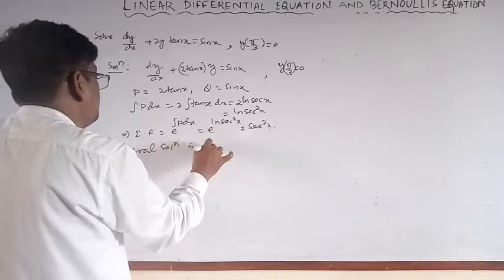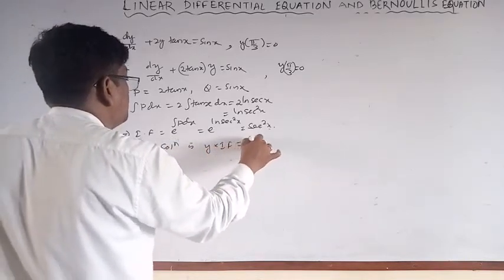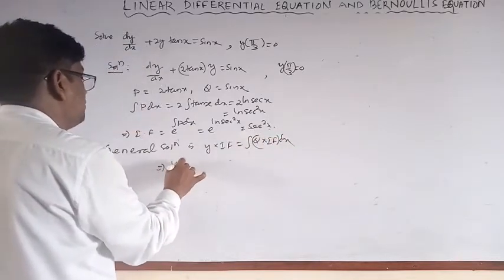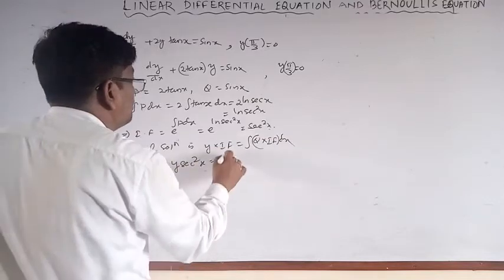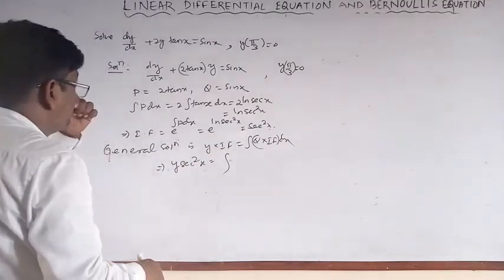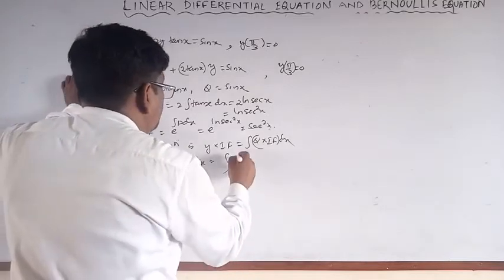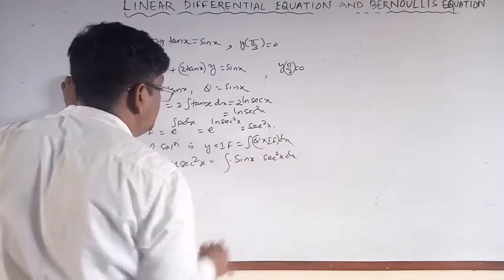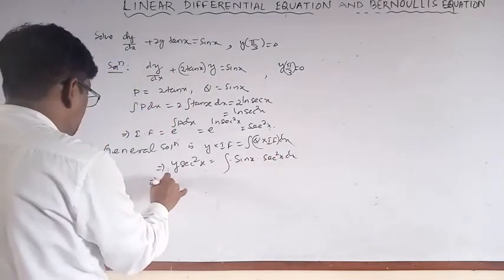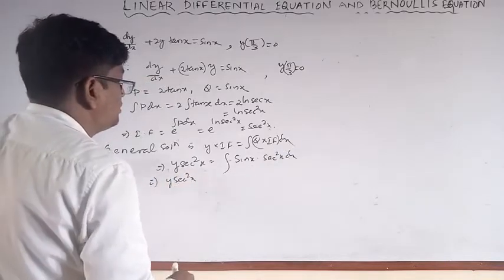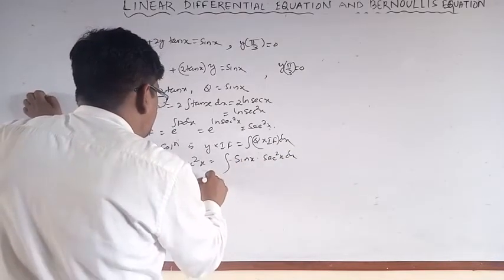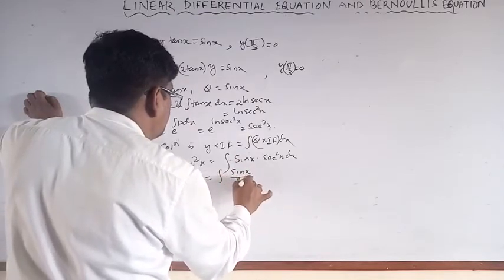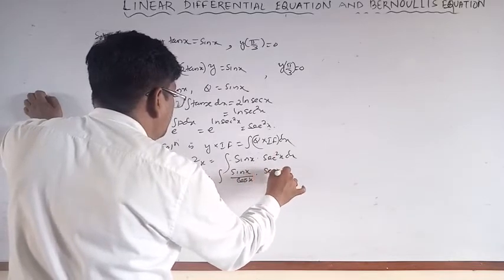So the general solution is y into IF is equal to integral of Q into IF dx. So that is y into sec squared x is equal to integral of Q, which is sin x, into sec squared x dx.